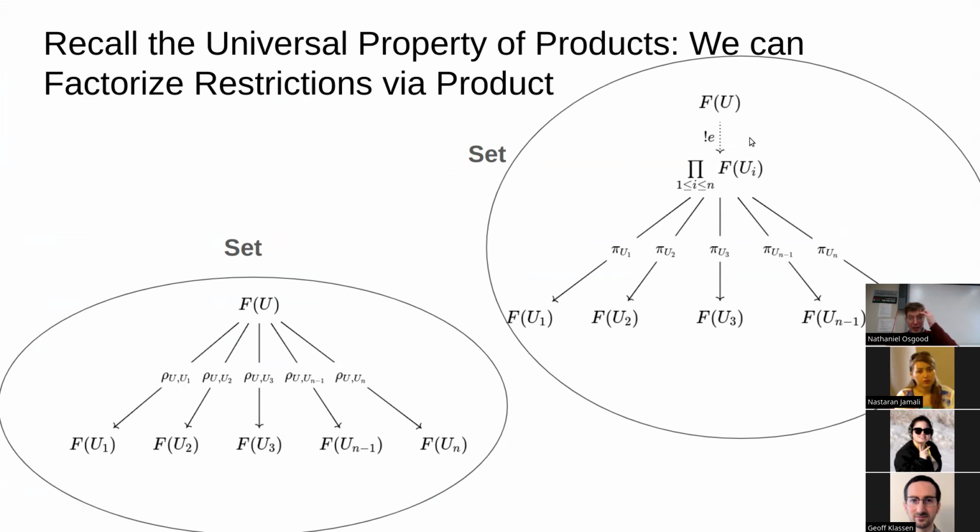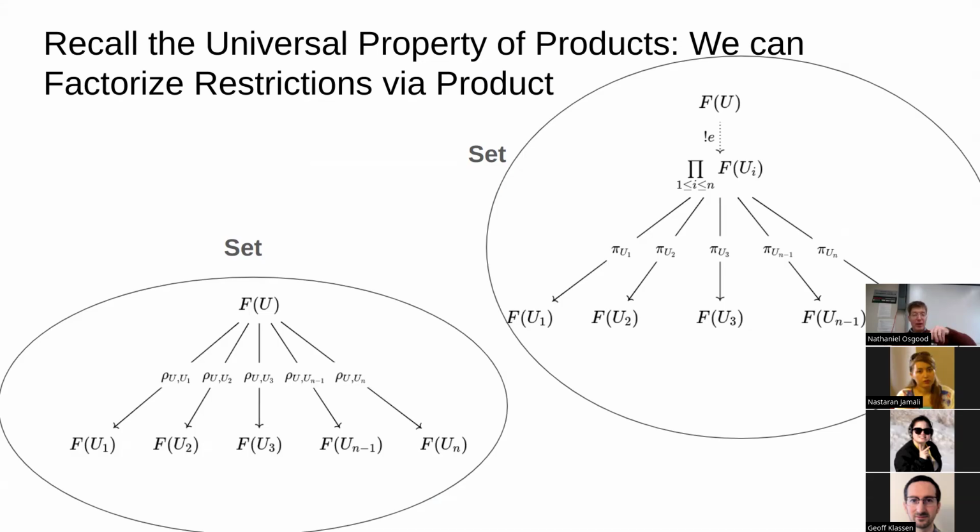So what I'm telling you is that E itself is a product of rho U1, rho U2, rho U3, and so on, up to rho U n minus one. Right?